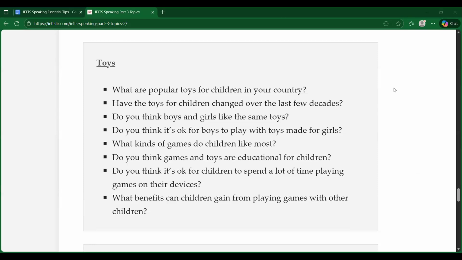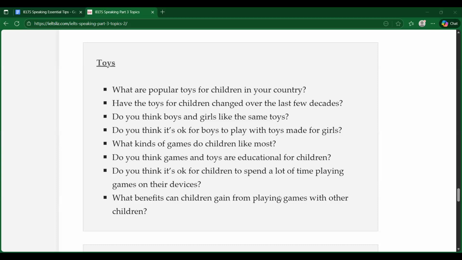Ma'am, I have a question. You are saying that 30 seconds to 1 minute is enough. Can we prolong the answer beyond 1 minute, or is it necessary to stay within the 1 minute limit? There is not a hard and fast rule for that, it's just a suggestion to limit your answer, because in the real exam we often get nervous and we have a lot of pressure.